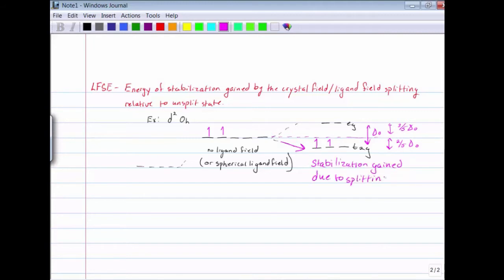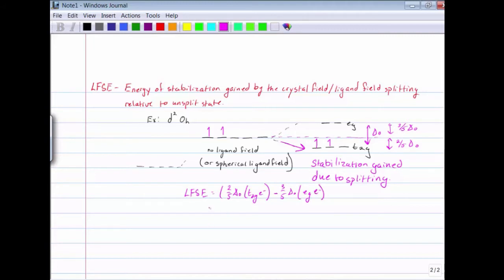So this lowering of the energy is the stabilization that's gained by splitting the orbital energies. And again, we can calculate that using the formula where LFSE is equal to 2/5 delta O times the number of electrons in the T2G set, minus 3/5 or 0.6 times delta O times the number of electrons in Eg.